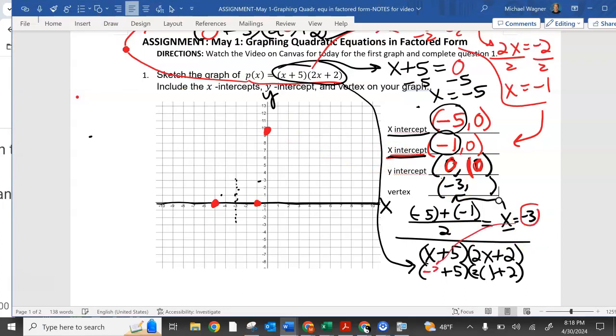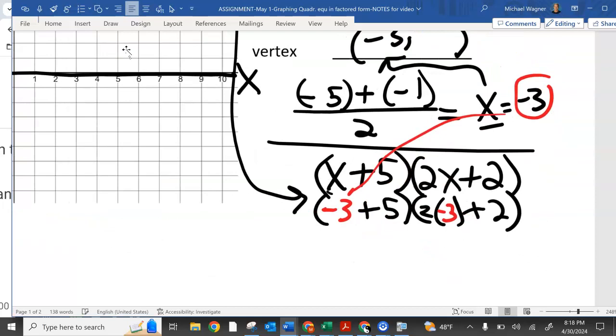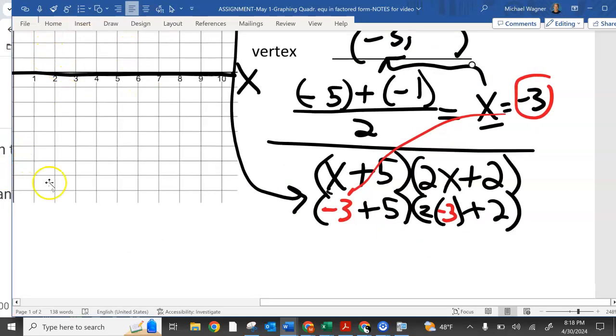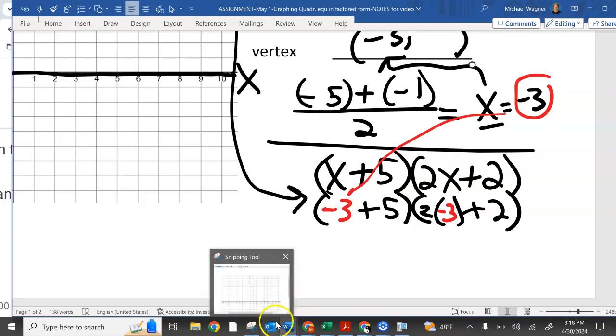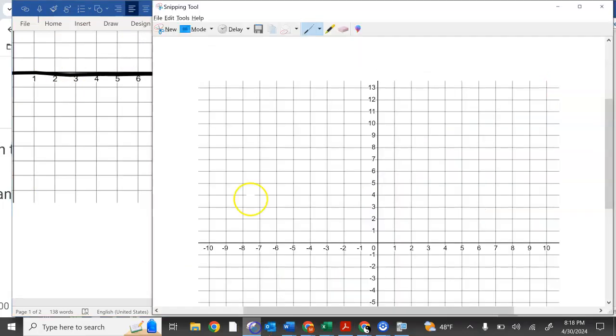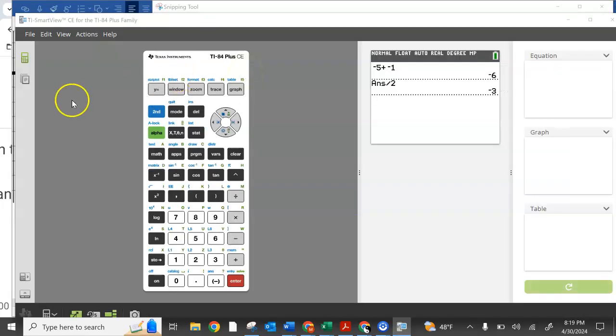So -3, -3, make this a little bit bigger. And then I'm going to calculate that, okay? So I use my calculator to calculate that. Go ahead and do the calculator, but -3 times 5. So you go parenthesis, -3 plus 5, parenthesis, come back.